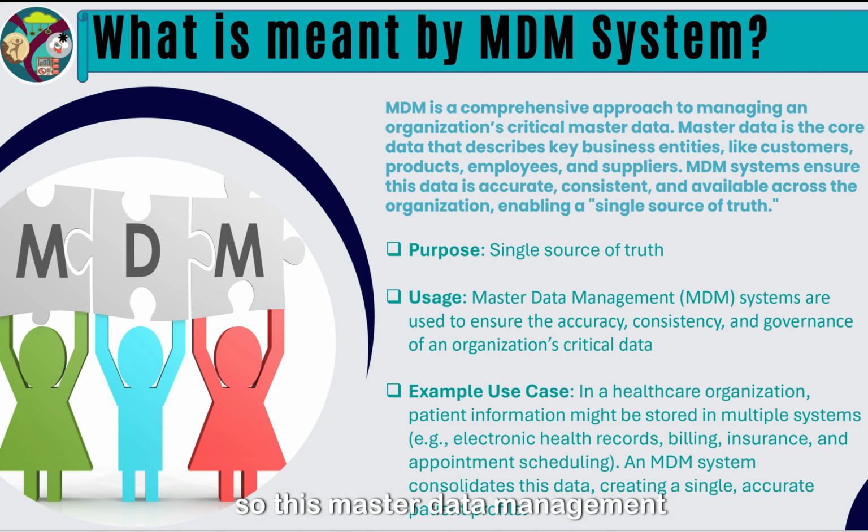Master data management systems are tools and frameworks designed to ensure the accuracy, consistency and reliability of an organization's critical business data. So the purpose is a single source of truth. The usage is to collect all master data in the organization, make sure of accuracy and consistency, and safeguard the data. Basically, governance of the organization's critical data.